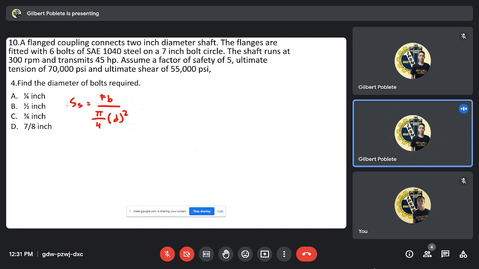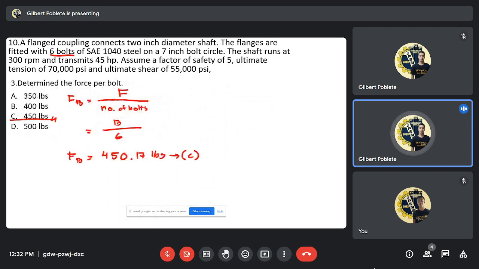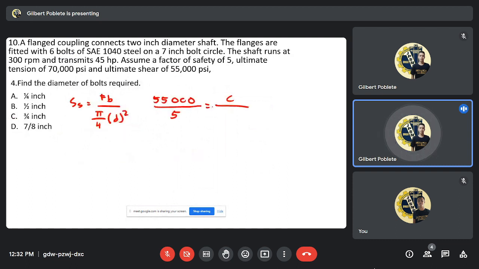Meron tayong shear stress na 55,000, tapos meron tayong factor of safety, 5. Tapos the FB natin, yung letter C, 450.